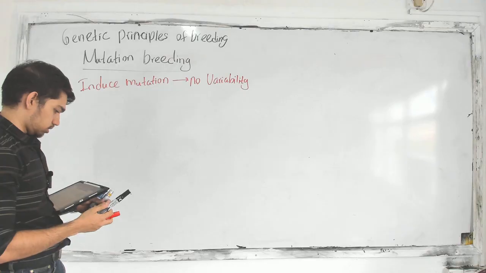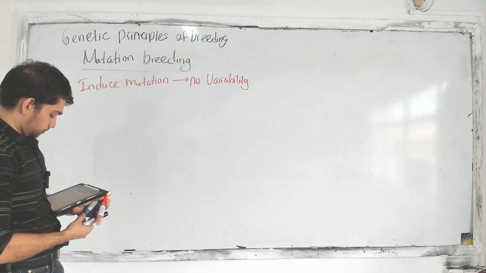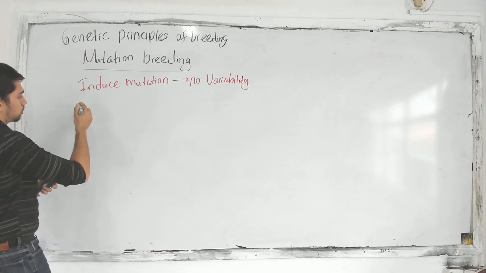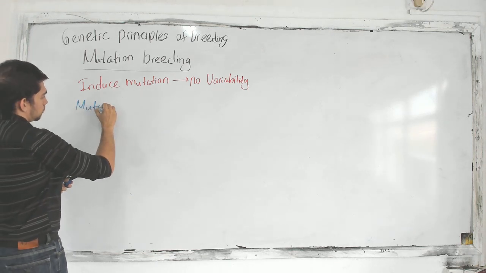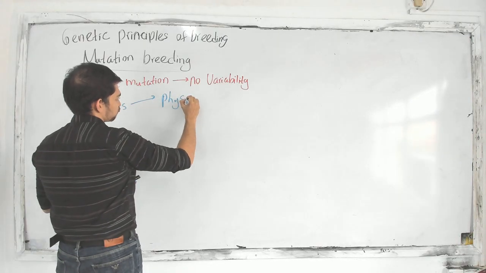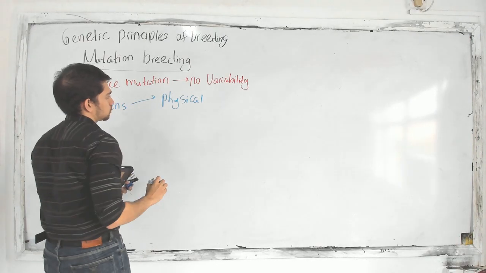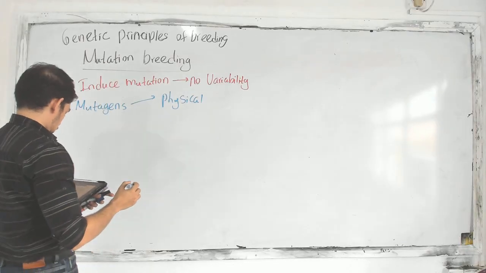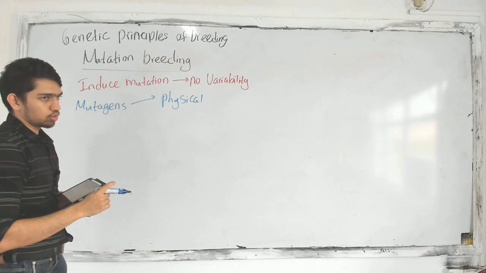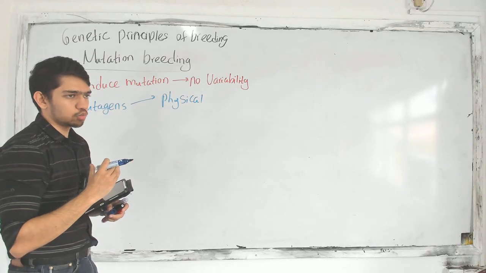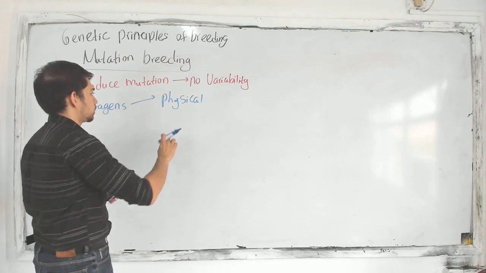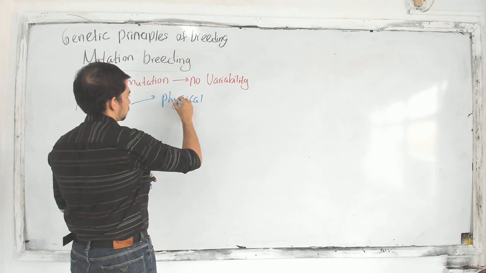We can induce mutations in two ways: by chemical agents, we call them mutagens, or physical mutagens. Usually we call mutagens carcinogens. In an animal, these mutagens can almost always cause cancers, but in a plant we can usually use them to a benefit.